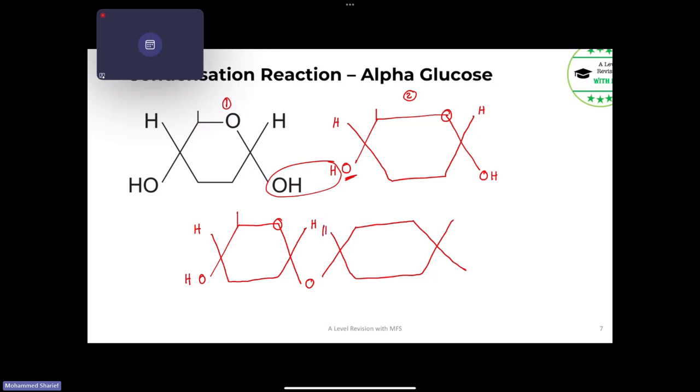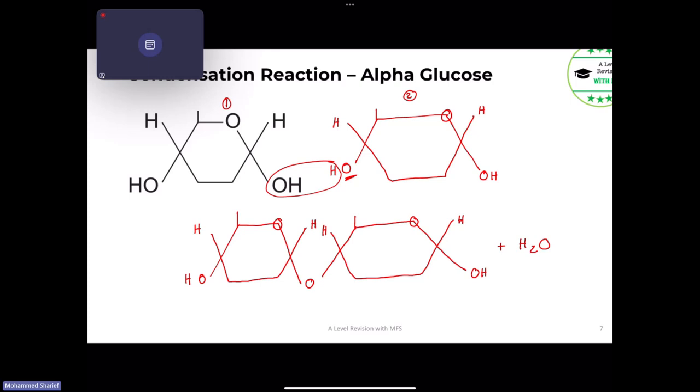We're just going to have the normal H over here, O over here. We're going to have the H, and we're going to have the OH. Obviously, this will repeat across many repeating units, not just two. But the idea over here is that a molecule of water is being released in the process.